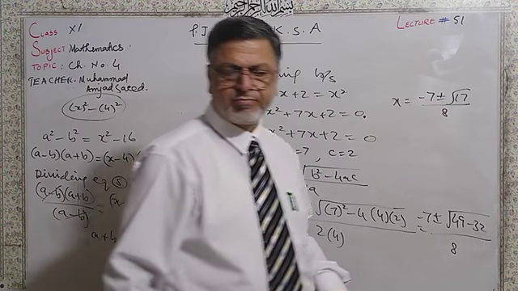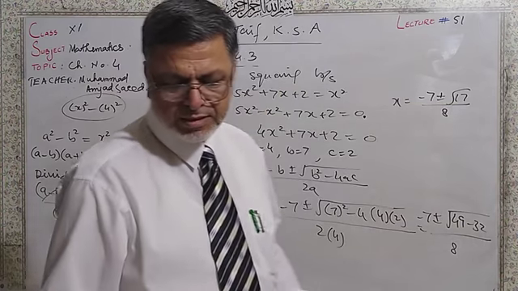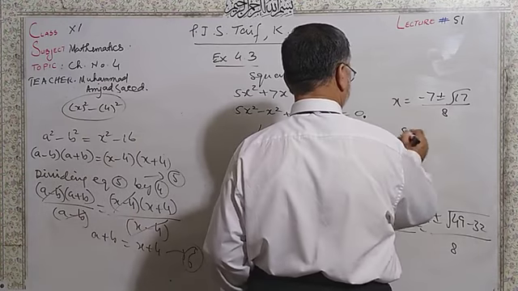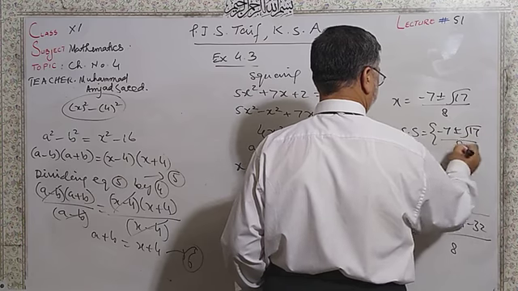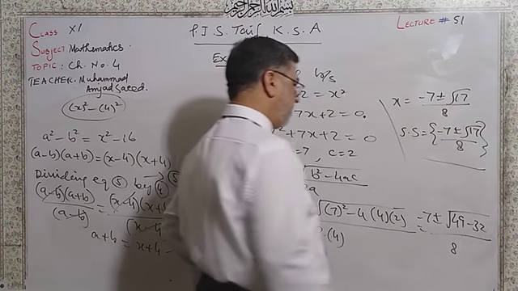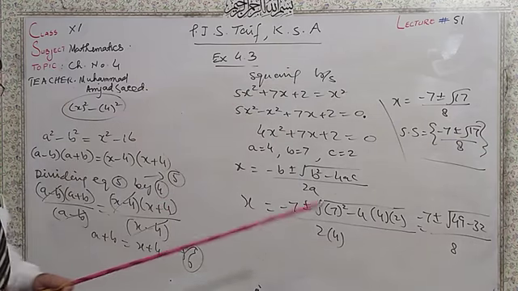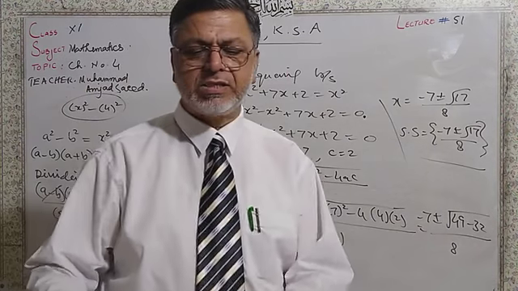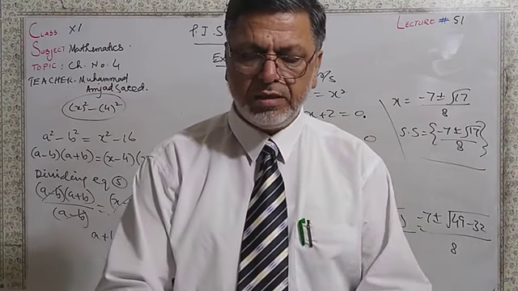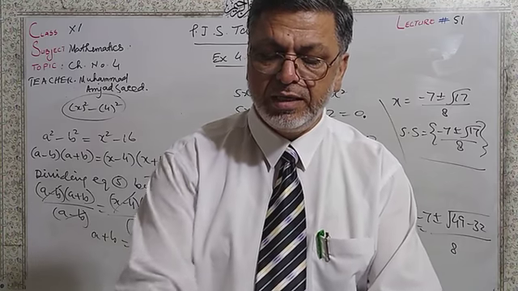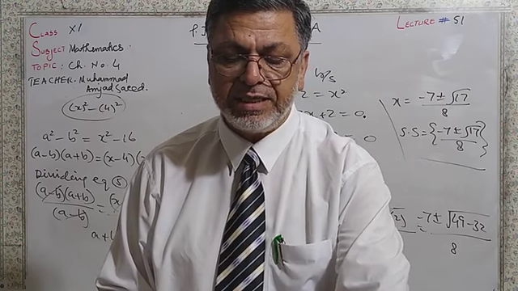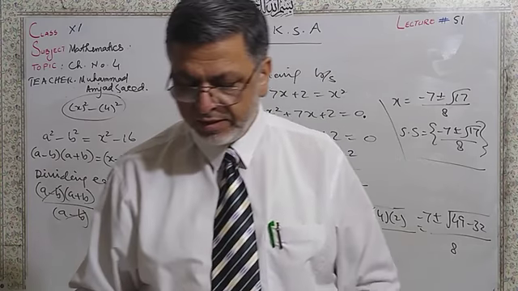So dear students, your solution set is minus 7 plus minus the square root of 17 over 8. I hope you understood this question, and with this question we have finished our exercise 4.3. After that we have exercise 4.4.